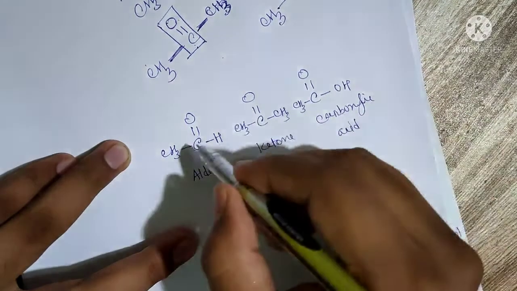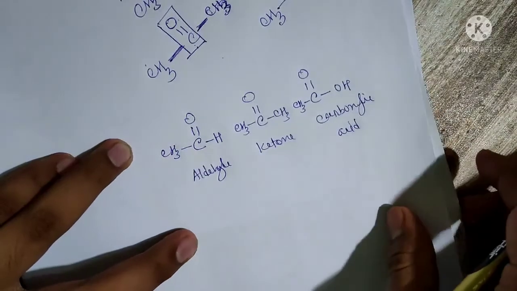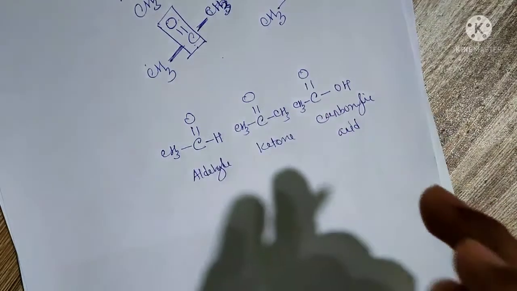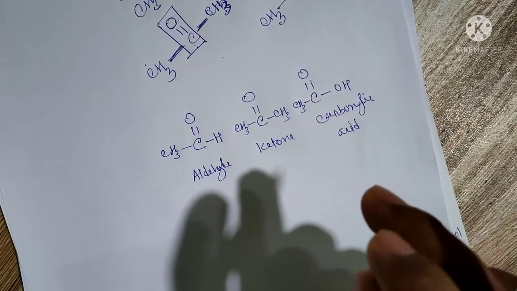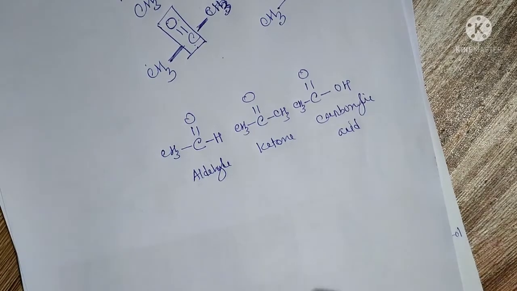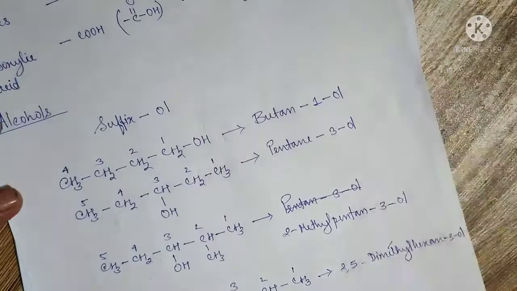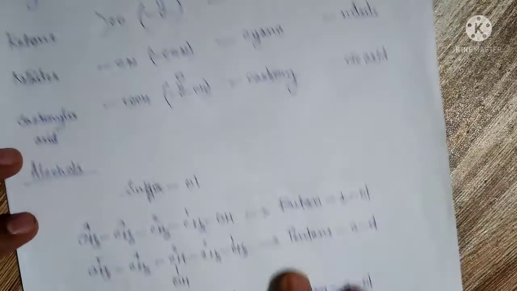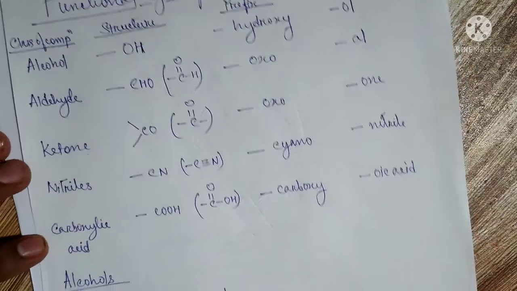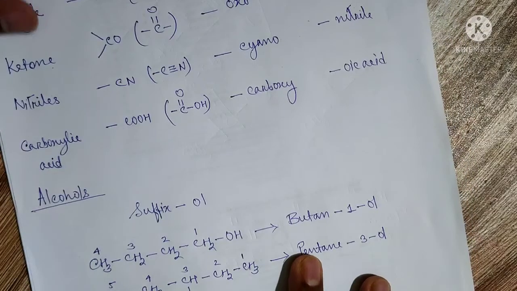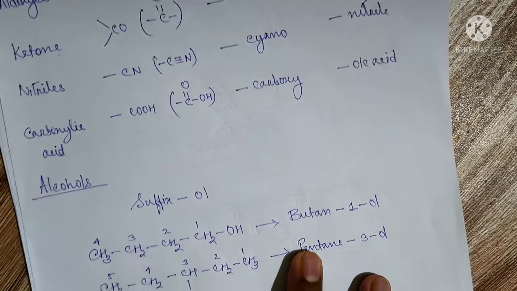Clear? So all of these compounds contain the CO group, but the side chains determine whether it is an aldehyde, ketone or carboxylic acid. Okay, now you all know about the functional groups, mainly these 5 functional groups. Now we will give names to the compounds having functional groups.